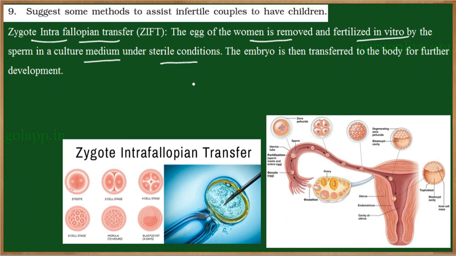In this case, the zygote which is formed after fertilization would be transferred into the fallopian tube. So here we can see the gametes are collected, fertilization occurs outside, the zygote is formed and transferred, so that it moves to the uterus and implantation occurs.